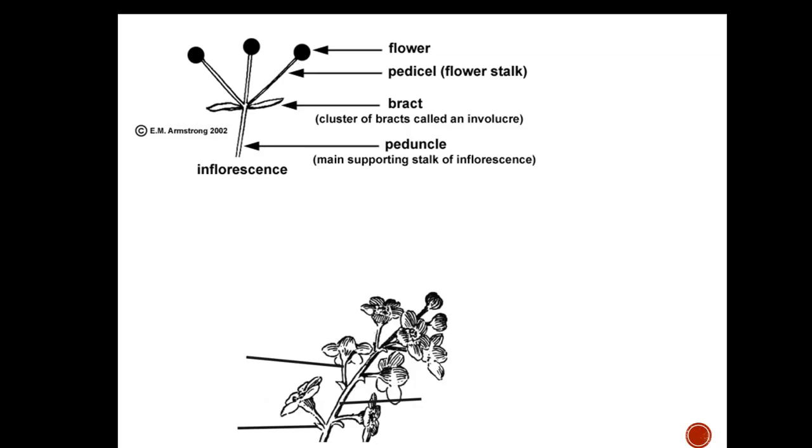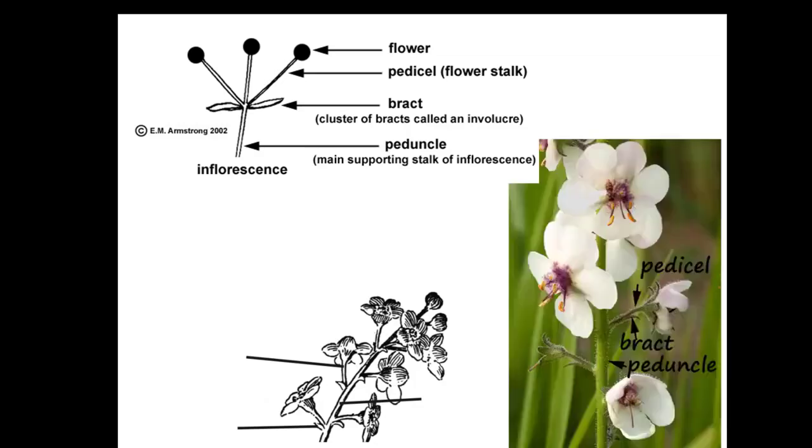A cluster of bracts is called an involucre, and you can see the flower on the top there. So in this picture, you can see the peduncle is below the collection of flowers. The pedicel is the stem to the flower. So there's your pedicel, there's your bract, there's your peduncle.